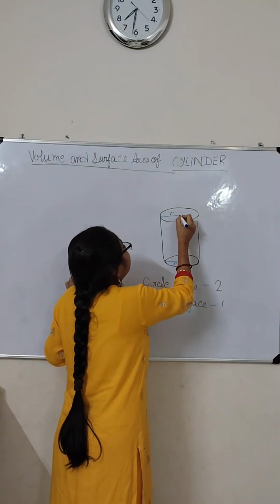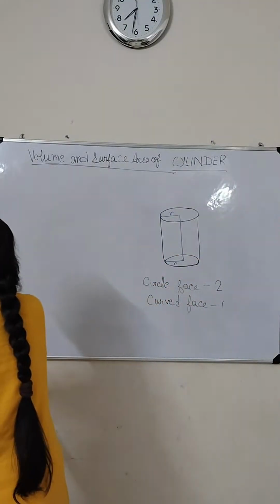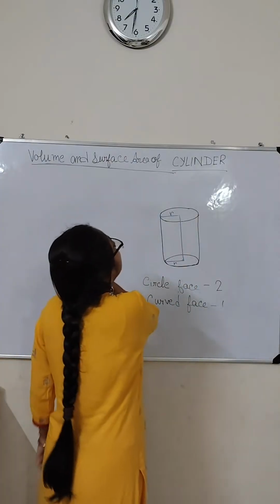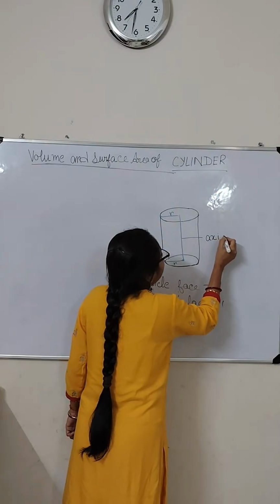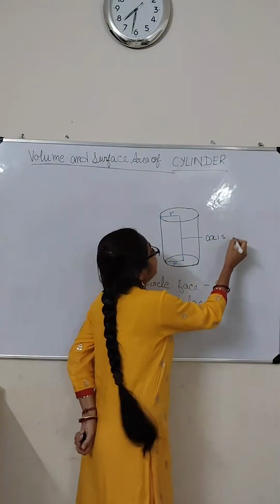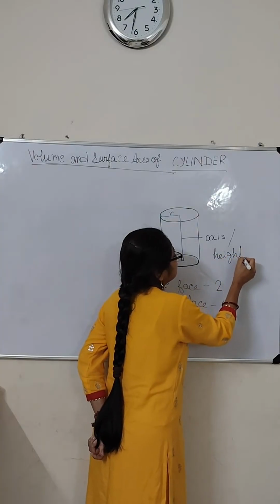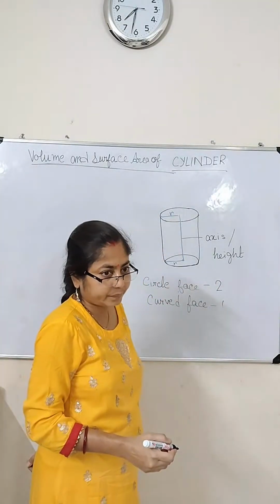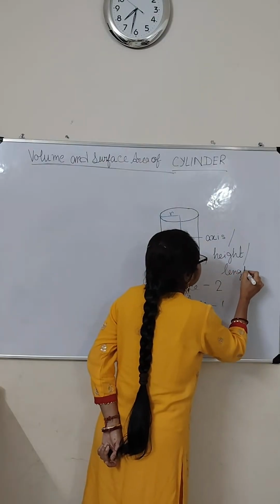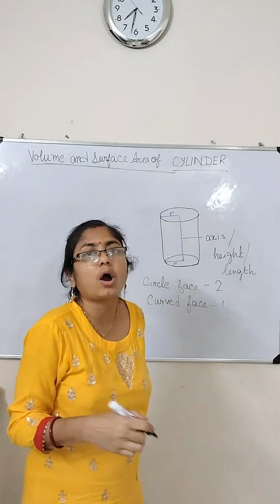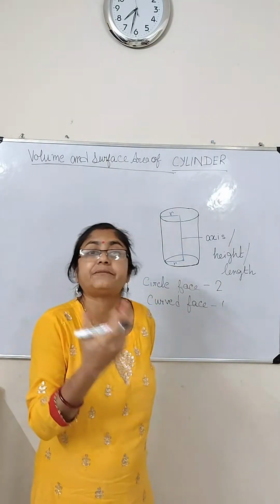If you join this, it is called the axis. It is also called the height. Axis or height. Sometimes it is called length also. Why do I call it axis, length and height? Because different books use different words.